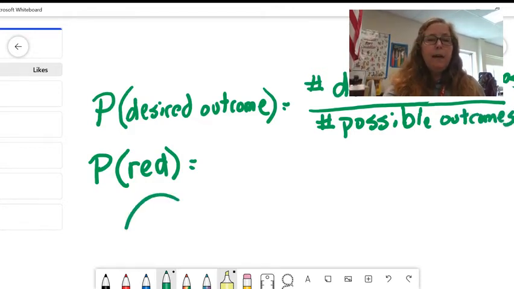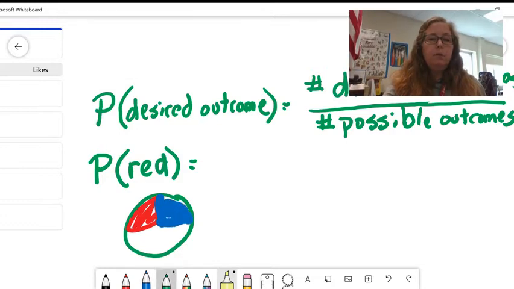All right, so if I had a spinner and one section of the spinner is red, one is blue, one is green, and one is yellow.